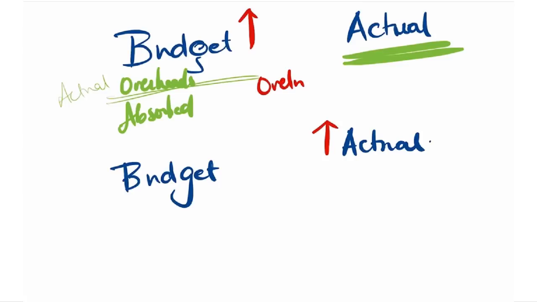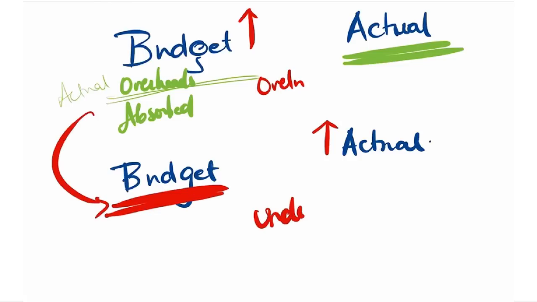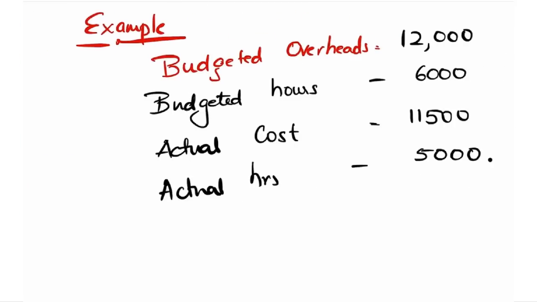If my actual is more than the budget, we call it as under absorption. Now again let me look into this example.